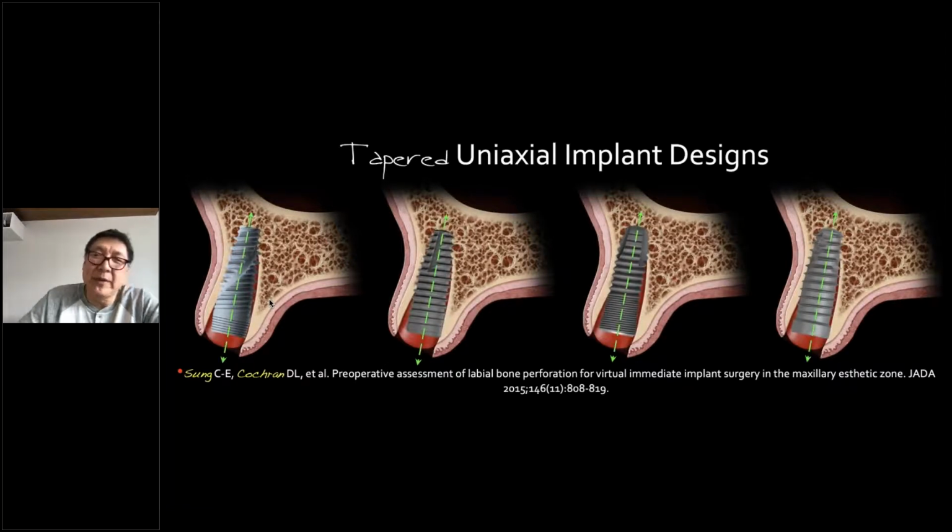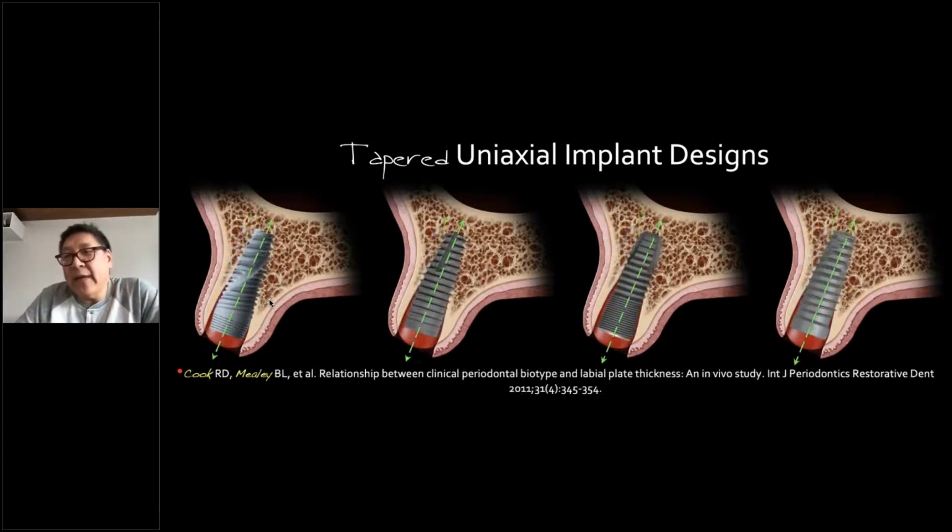Again, if we try to align them so that we can then have a screw retained restoration for easier maintenance of the restoration, we tend to flirt with perforating the apical part of the extraction socket, as David Cochran had showed.